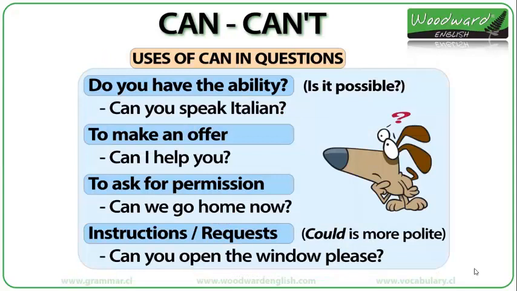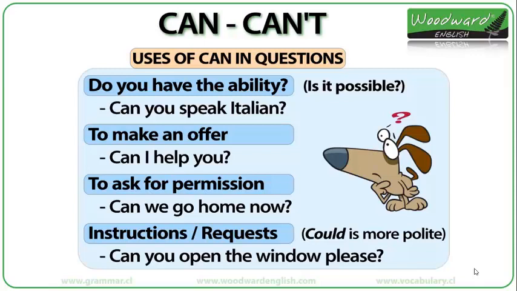Uses of can in questions. How we can use and how we can reply with the word can. Do you have the ability? Is it possible for you? Can you speak Italian? You can ask the question like this. Can I help you? When you are offering help or asking for permission, you can say, can we go home now?